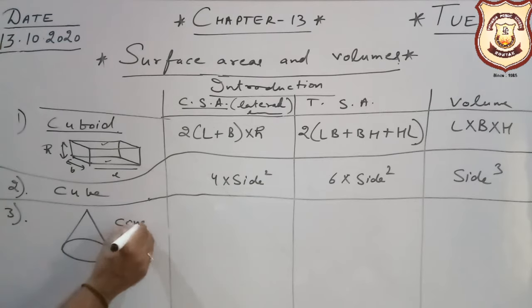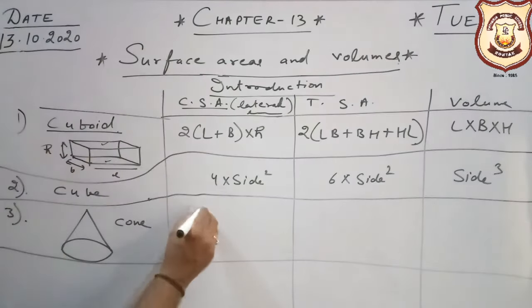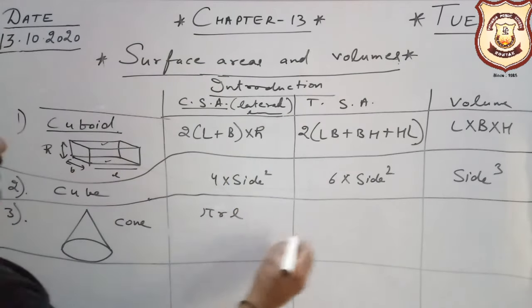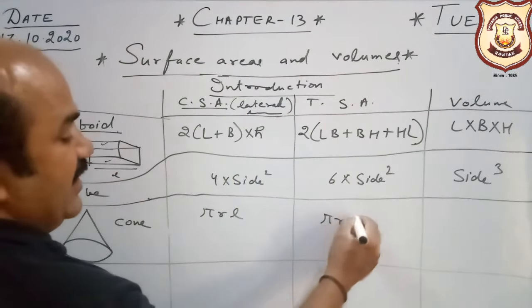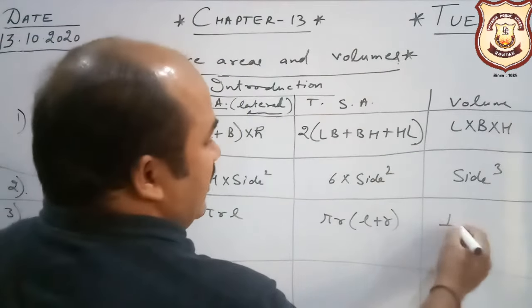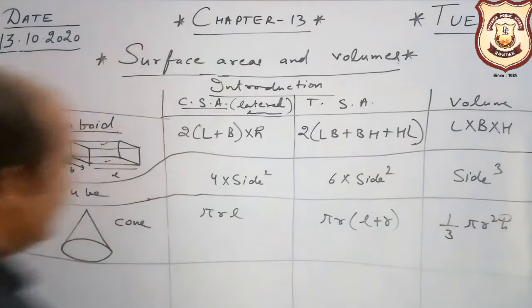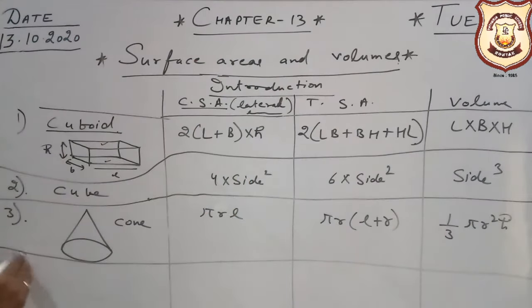Like this birthday cap example. So in the cone, students, CSA is pi RL, TSA is pi r into (L plus R), volume is 1 by 3 of pi r square H. Then the next one is the cylinder, example: a pipe like this.